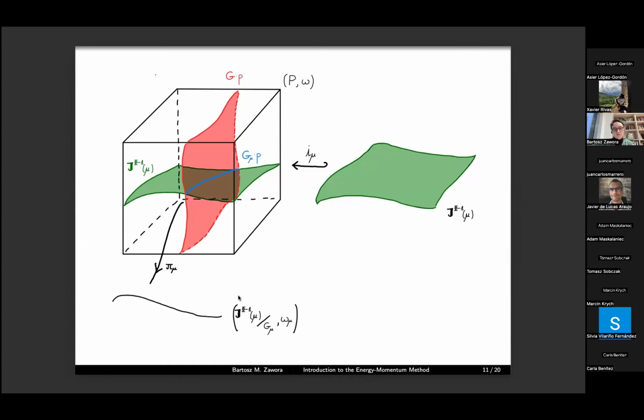symplectic manifold omega mu, and this reduced symplectic structure is inherited from the initial one, right? So this is the main idea of the Marsden-Meyer-Weinstein reduction.